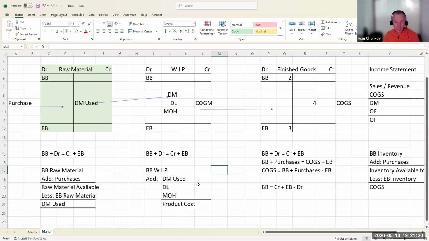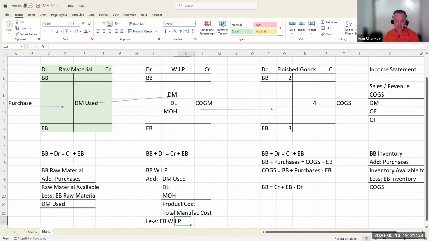Once I add the beginning balance into the picture, then I'm going to have the total manufacturing cost available to transfer. Okay, so far so good. The last thing that I have to do is less the ending balance of this work in process account.